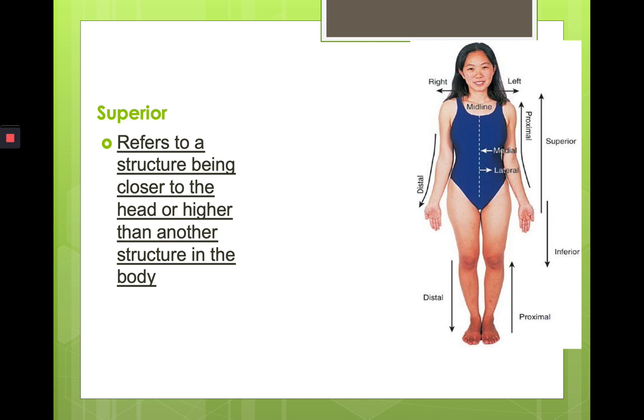When we say superior, that refers to a structure being closer to the head or a higher point compared to another structure. For example, if we look at our subject over here, I would say that her shoulder is superior to her knee. That way you know that that particular structure in the human body is higher. And indeed, the shoulder is higher than the knee.